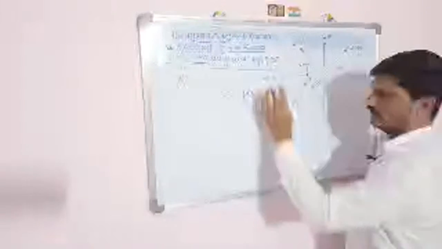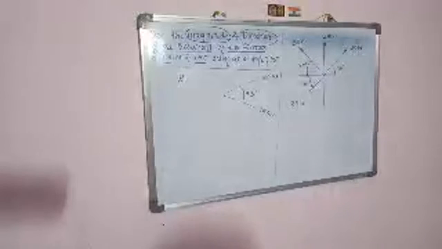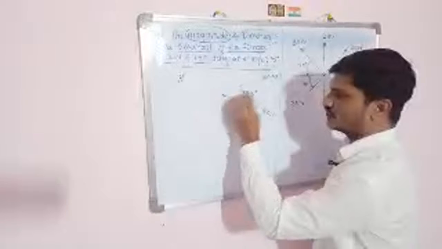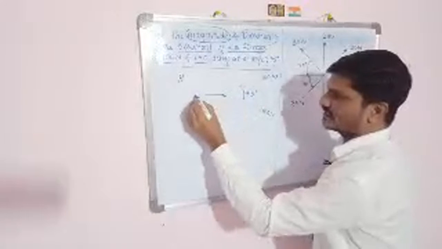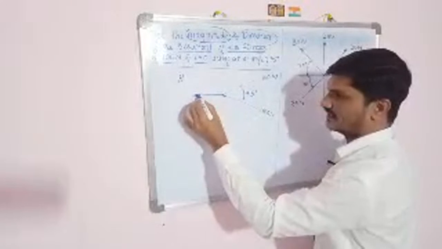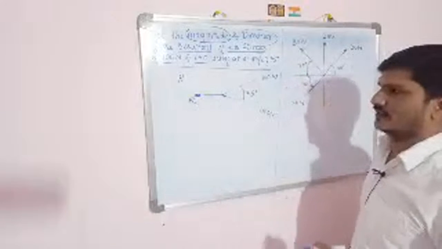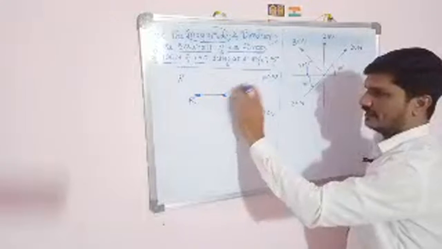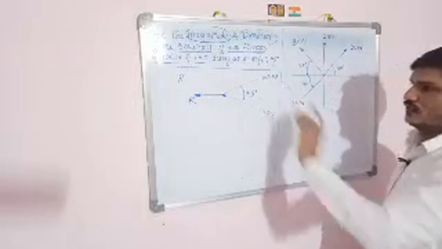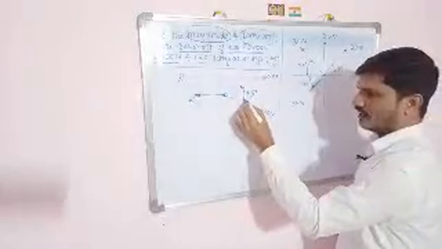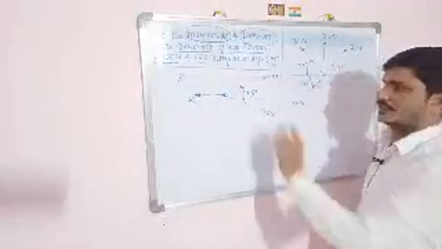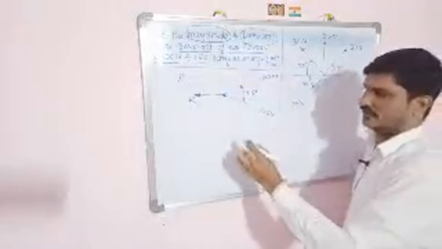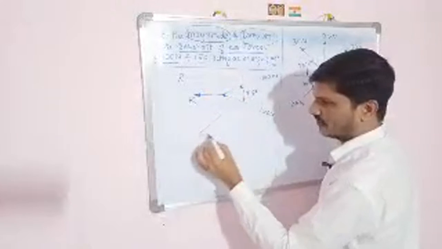Let us draw it, the 100 Newton, right? Resultant of these two forces. Let us say this is the resultant. Let us assume the resultant may be here. So when two forces are applying at an angle of 45 degree between them, using the parallelogram theorem, we can construct a parallelogram.